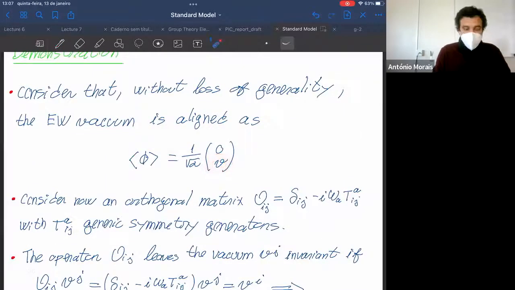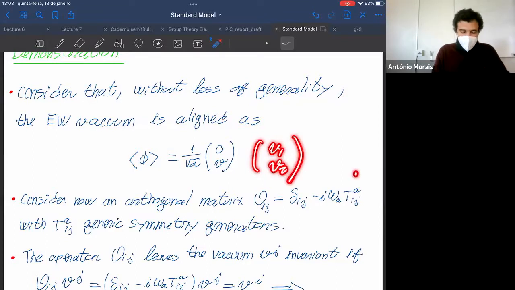You put the VEV here in the first, and you have a second one also here, a V2, let's say. This in principle works fine. It preserves the electromagnetic theory, but if you do V1 and V2, you cannot simultaneously rotate these two to get 0 V, 0 V, because these are two independent fields, and then you no longer have the freedom to rotate and collapse everything in the electron. So you can have several possibilities.